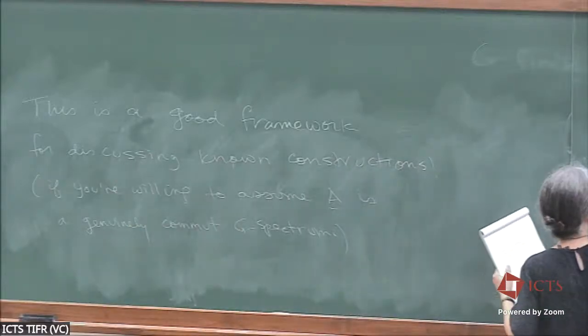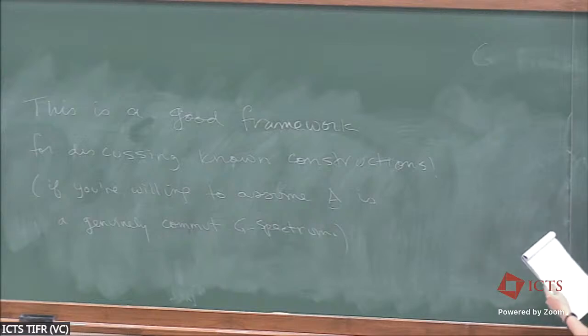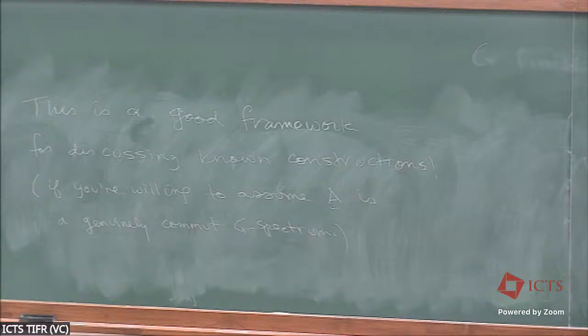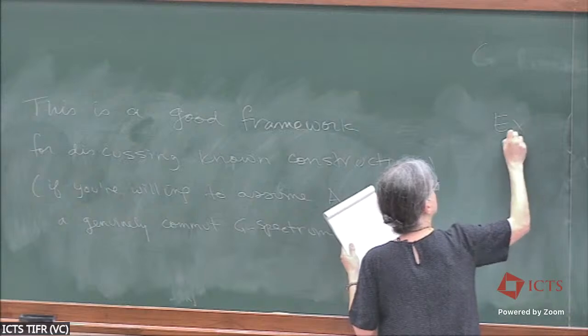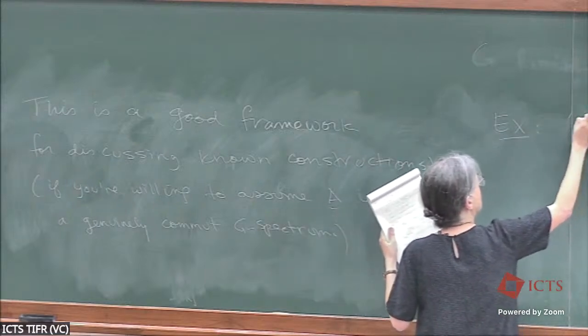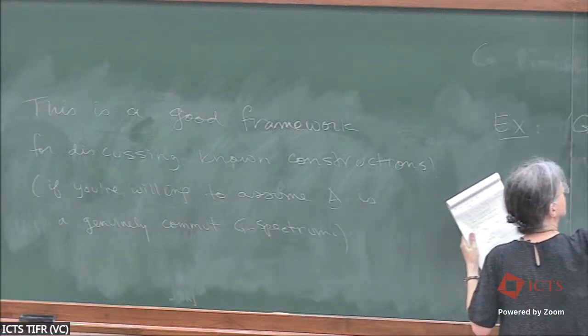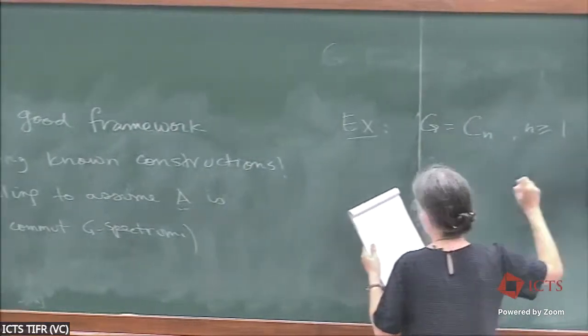So the first construction I want to talk about is, how am I doing for time? Good. Okay, so the first example I want to talk about is G equals cyclic group of order n greater than or equal to 1.